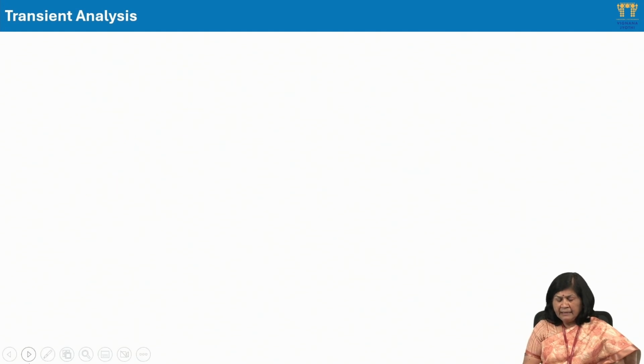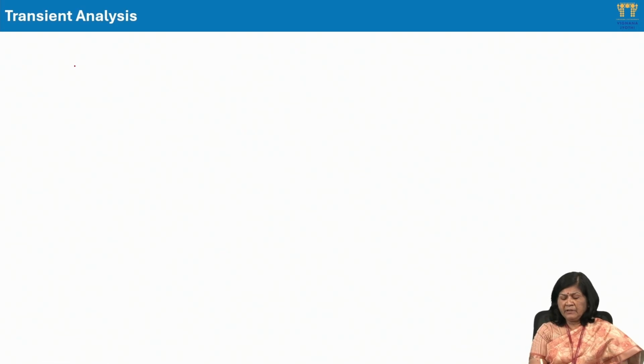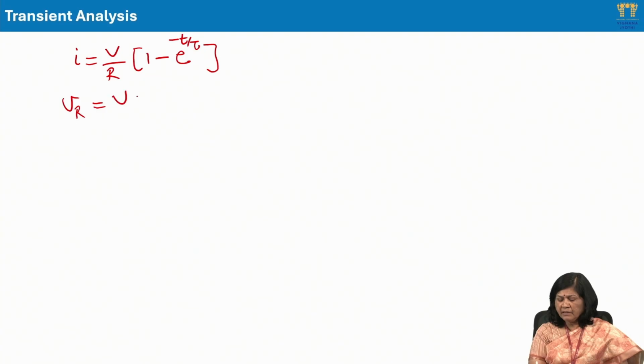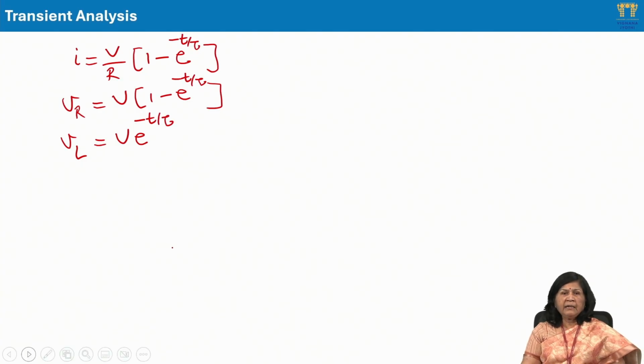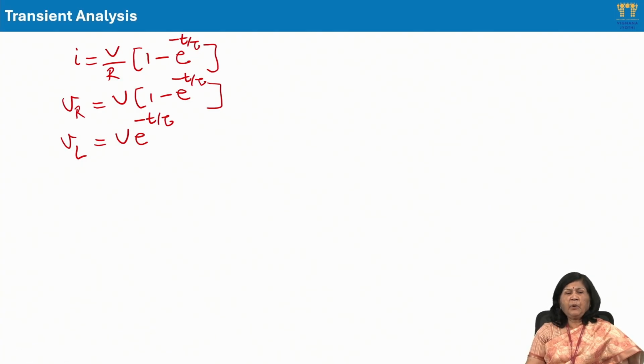Now, let's come to power. We got I as V by R times (1 minus e to the power minus t by tau). We got voltage across resistance as V times (1 minus e to the power minus t by tau). We got voltage across inductance as V e to the power minus t by tau. Now let's understand the power here, the instantaneous power.